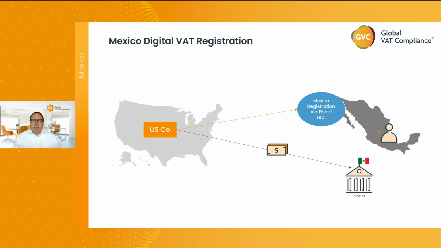So it's a very tough process to go through, but the payment can be made directly to the tax authority. So that does not go via the agent. That's another variant where you register via fiscal rep, and then also the payment goes via the fiscal rep because it has to go one by one. So these are the collection mechanisms.